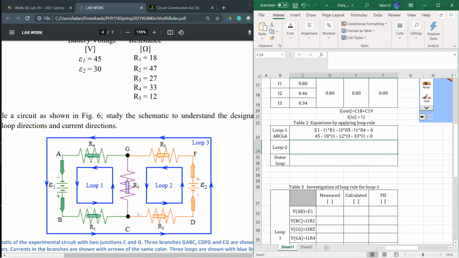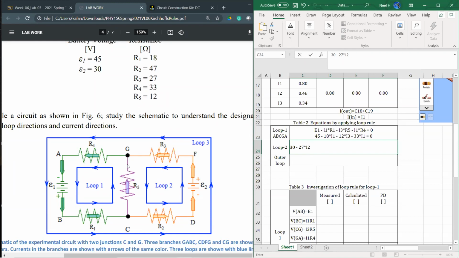Okay, if I do loop 2, that is this right hand side loop, right? Similar to the last one, let's start at D, the negative side of battery 2, then continue through that loop. I start at the battery E2, which is 30. If I go from F to G, the loop direction F to G is the same as the current inside that R3, so there should be a negative sign. R3 is about 27, and the current passing through is I2.